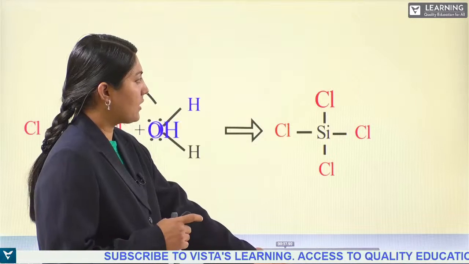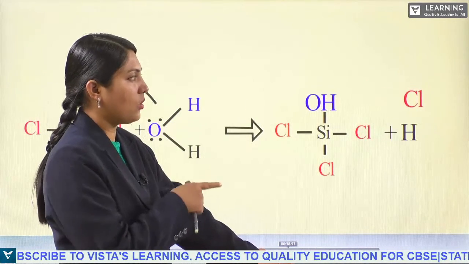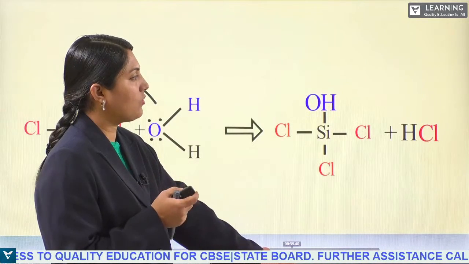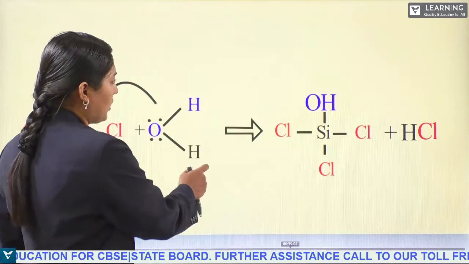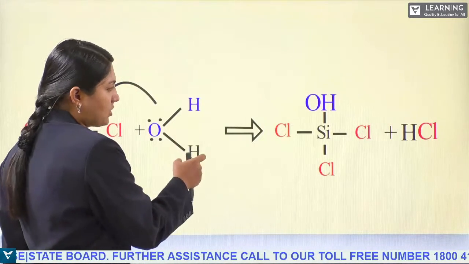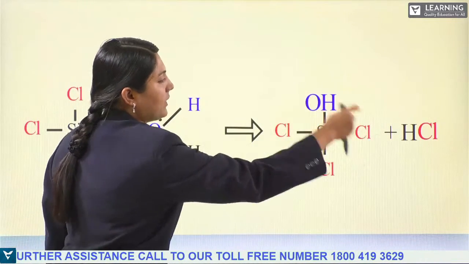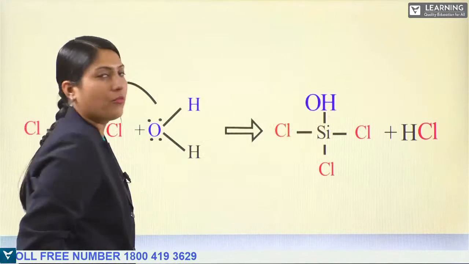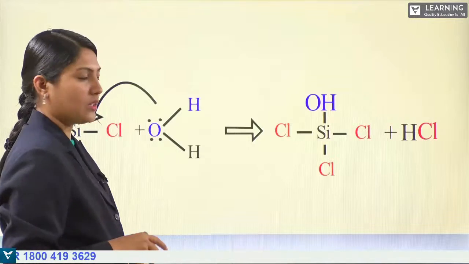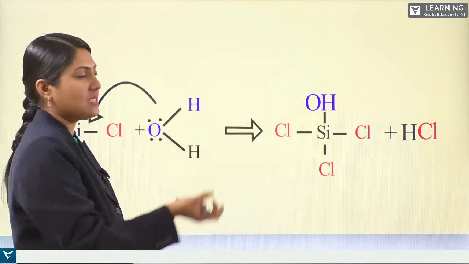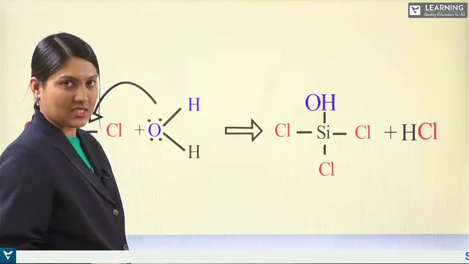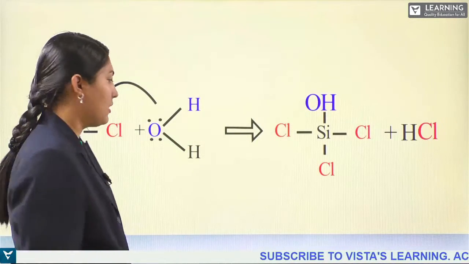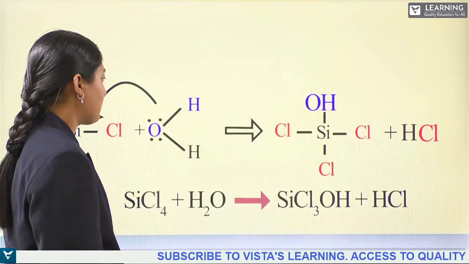The chlorine is slowly displaced by OH, and the chlorine given out will combine with the hydrogen present in the water. So the water's hydrogen goes with the chlorine which has been shifted, and OH occupies the space occupied by chlorine. So OH displaces chlorine, and the chlorine coming out attacks this hydrogen and forms HCl.